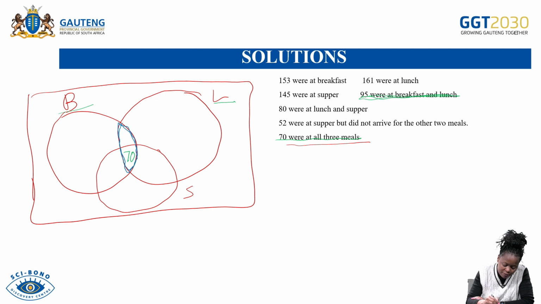So if I add everything here, it needs to give me 95. So how do I get the remaining ones? You need to say 95 minus 70. Then you will get your 25, I think.